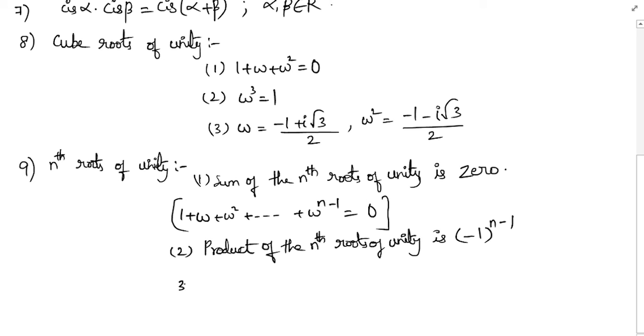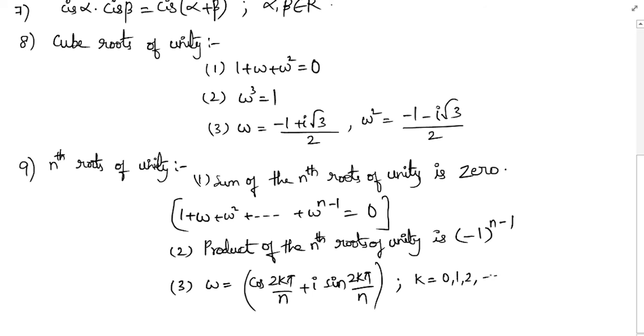And then omega is always cos 2k pi by n plus i sin 2k pi by n, where k is equal to 0, 1, 2, and so on up to n minus 1.